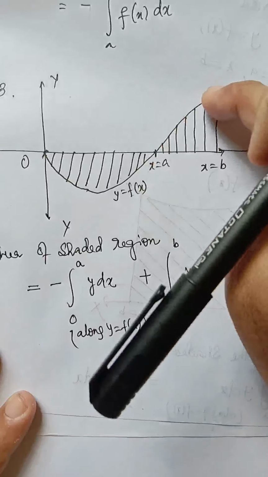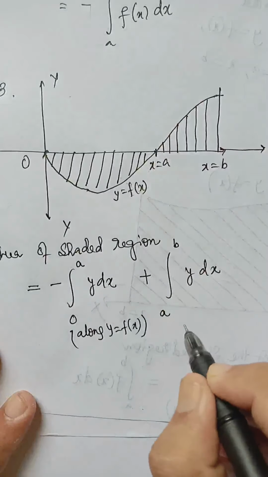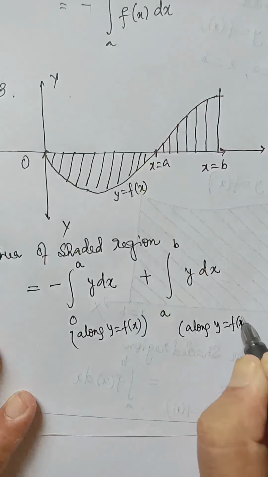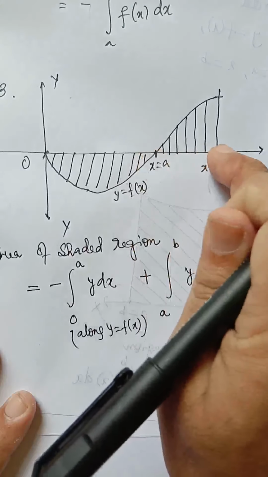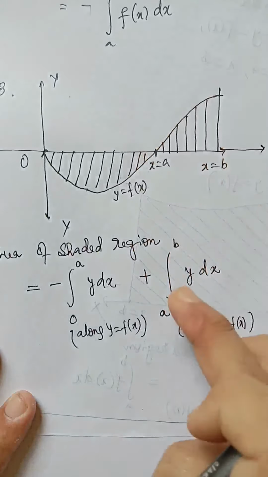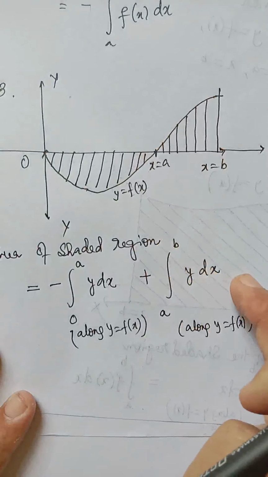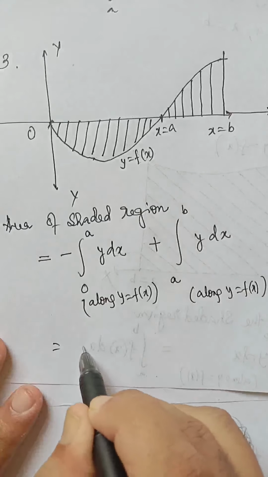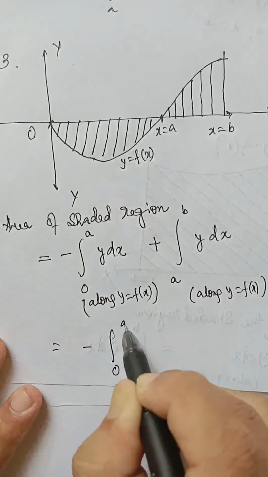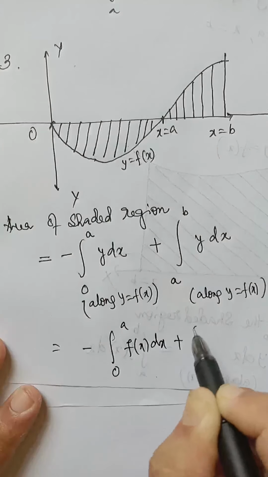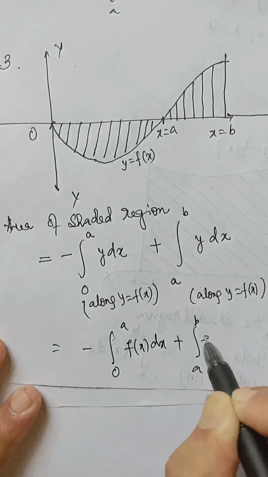The upper boundary is y equal to f(x), so we write along y equal to f(x). And one more thing, here the x-axis is the boundary and the region lies above the x-axis, so the area will be integral a to b y dx. So this equals minus integral 0 to a f(x) dx plus integral a to b f(x) dx.